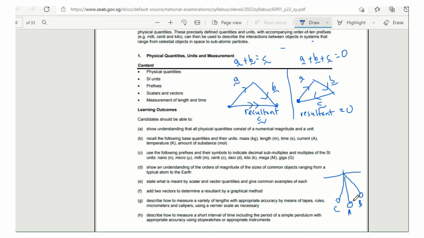Remember, whenever we are taking readings involving time, there is something known as the human response time, which is around 0.3 seconds. Can you imagine if one period is equal to 1 second, then your human response time will be around 30% of the reading? It's a very big error.